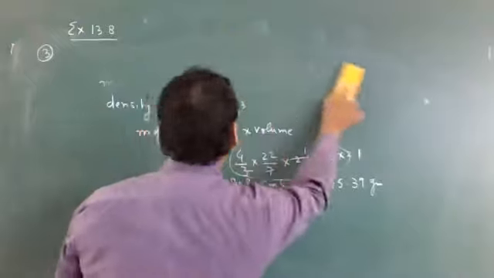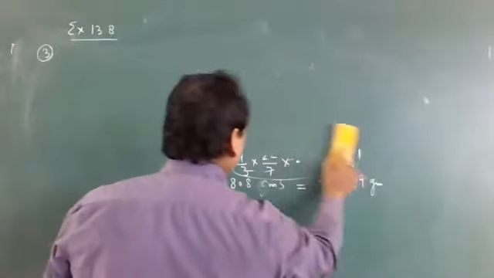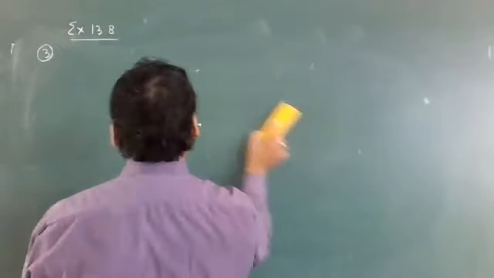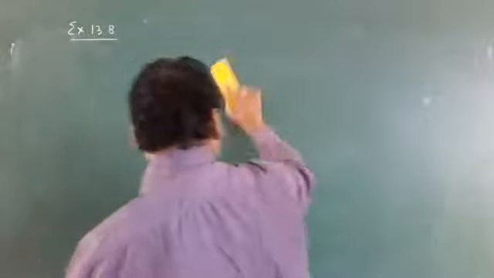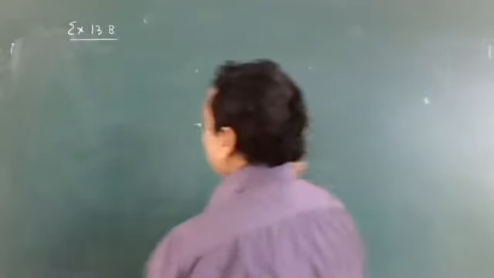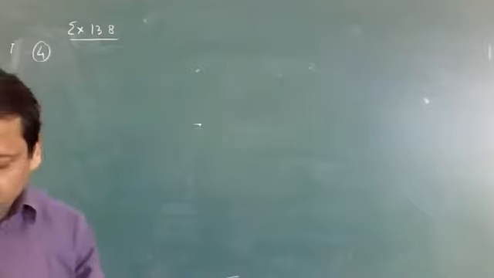Question number 4 is the same as the one we have done in exercise 13.4, but there it was in surface area and here it is in volume. It is the same question. The diameter of the moon is approximately 1/4 the diameter of the earth.